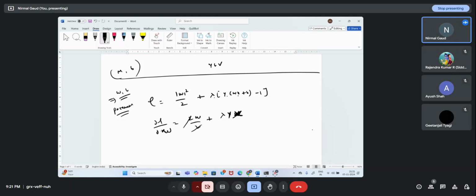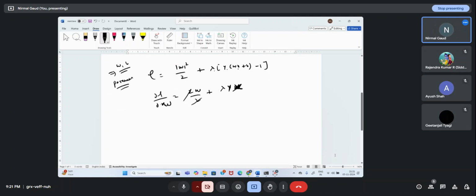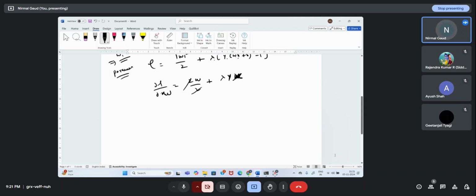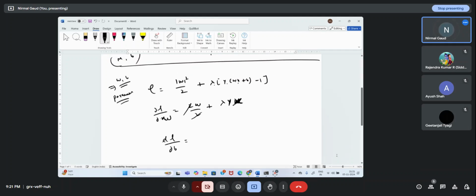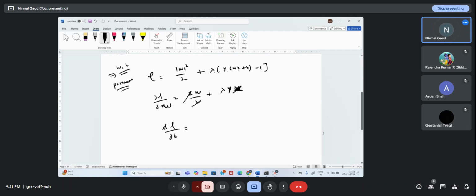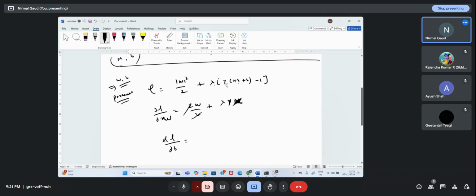Okay, lambda y and x. And if I perform del L by del B, I will be getting, okay, this y will be multiplied by b, lambda will be multiplied by b, the rest all will become 0, so it will be lambda y, not b, y, because b will be differentiated.